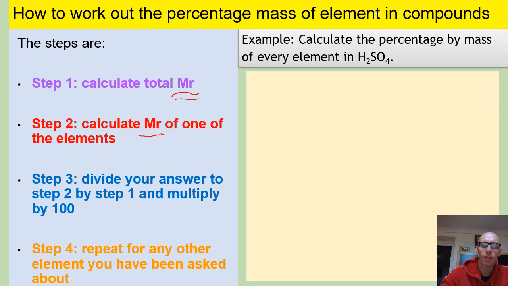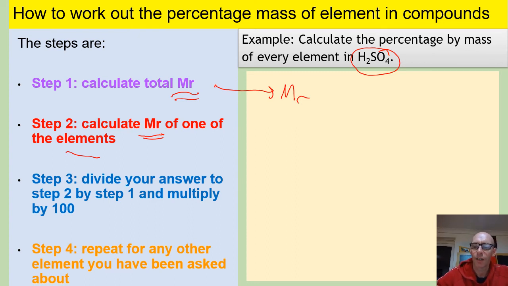Then calculate the amount of one of the elements, the one we're after. So could you write down the 4 steps? And then we're going to do this one. The mass of every element in here. So we're going to start with, what's the total MR? So step 1, the MR of the whole thing.